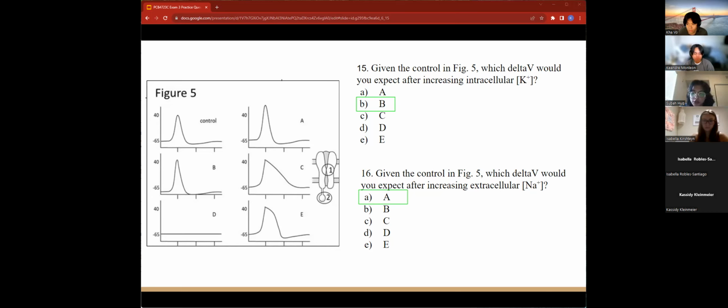For the repolarization to happen, you would need the inactivation gate to close and the potassium channels to open. But since this starting point right here is happening really slowly, you can pinpoint that it's probably the inactivation gate causing a delay. So those are the most important parts that you should understand about these graphs when you're answering the questions during the exam.